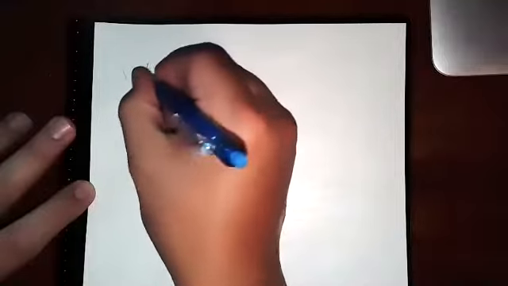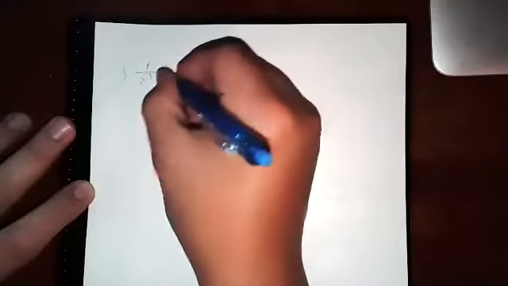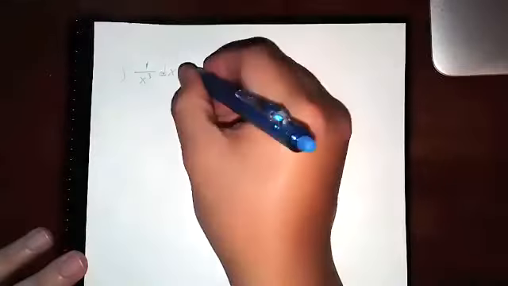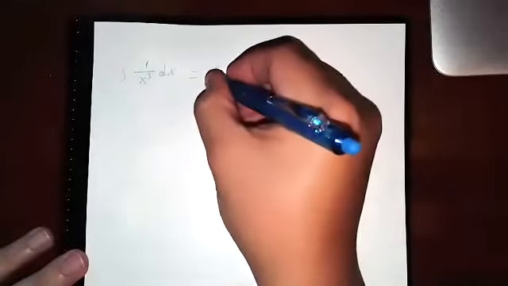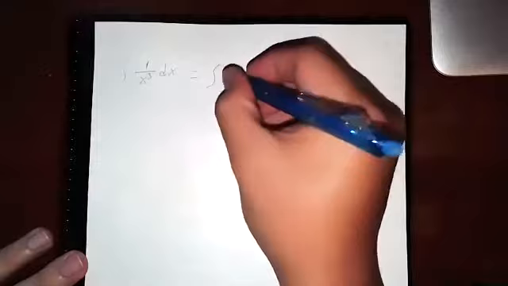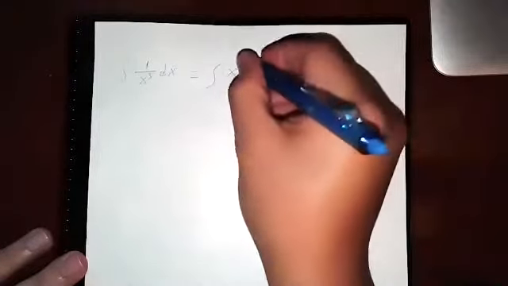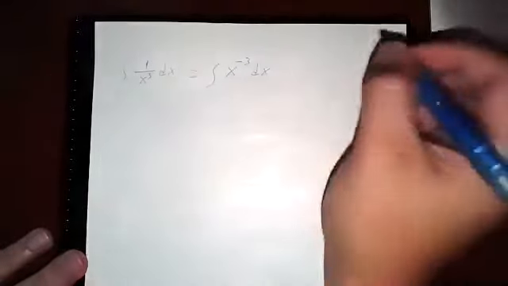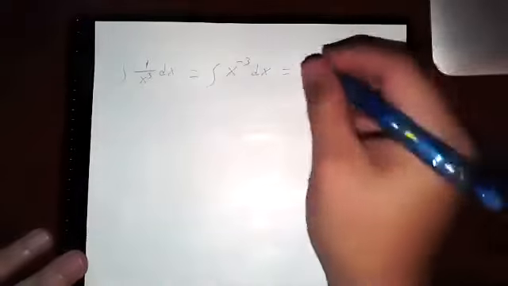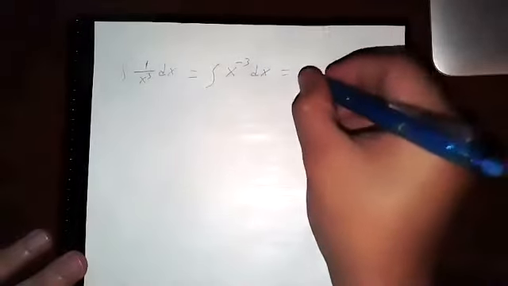1 over x cubed dx. So you need to first set up the question because the power rule can't be applied directly. You have to use your algebra to rewrite the question as x to the negative 3. And then the power rule says you add 1 and then divide by that result.